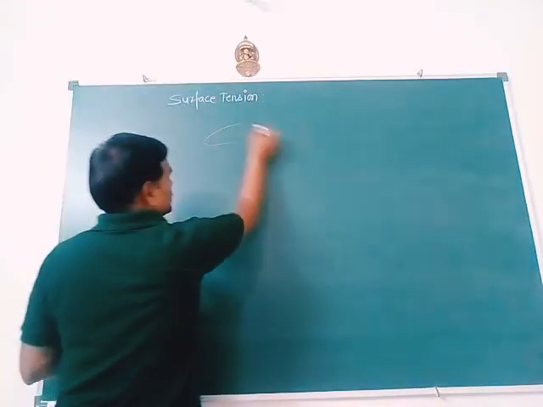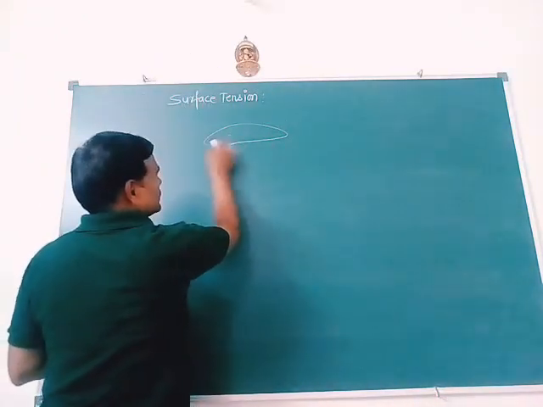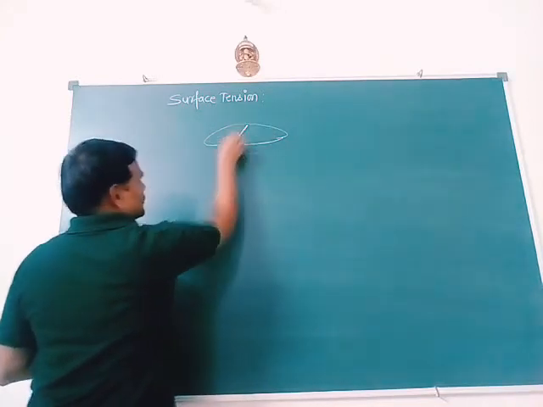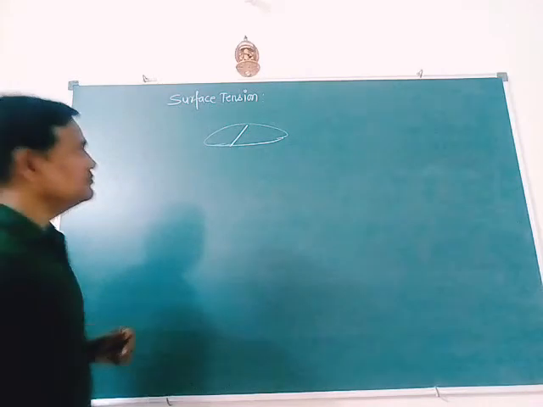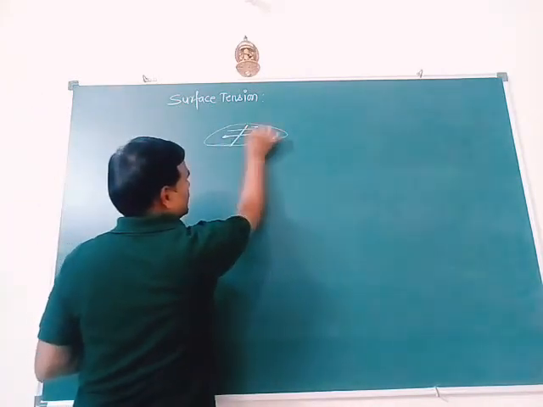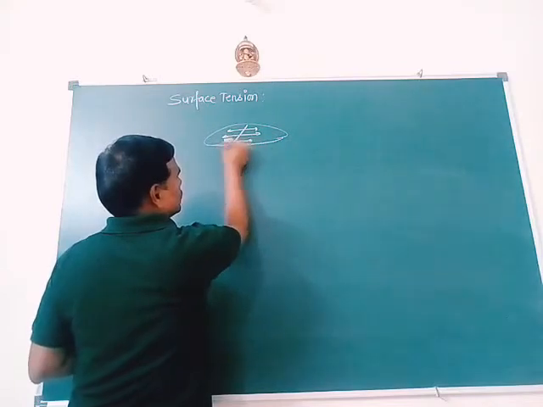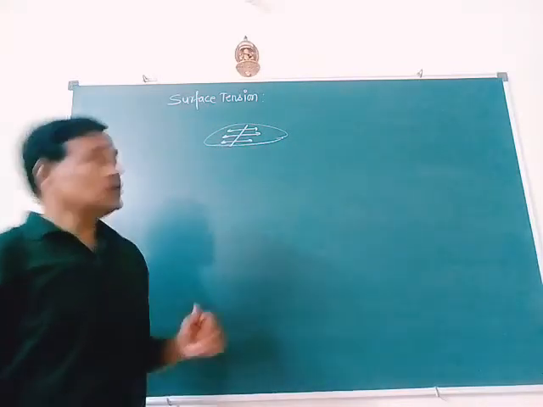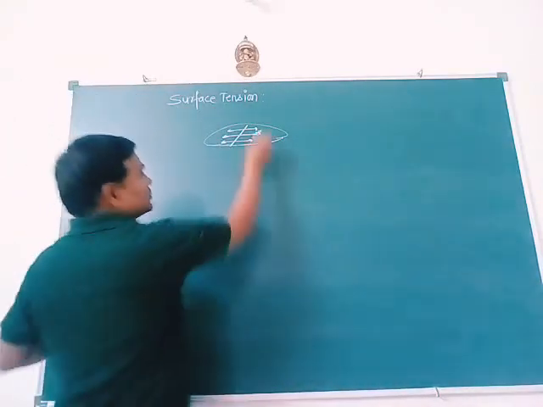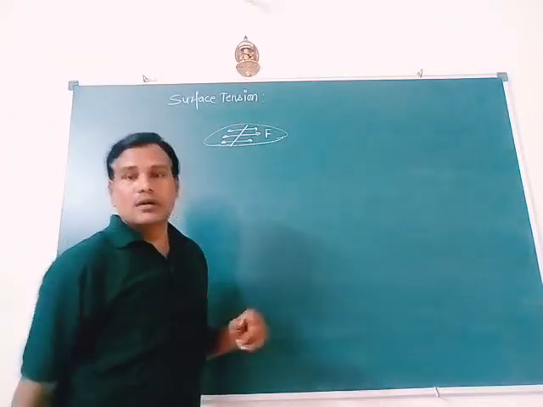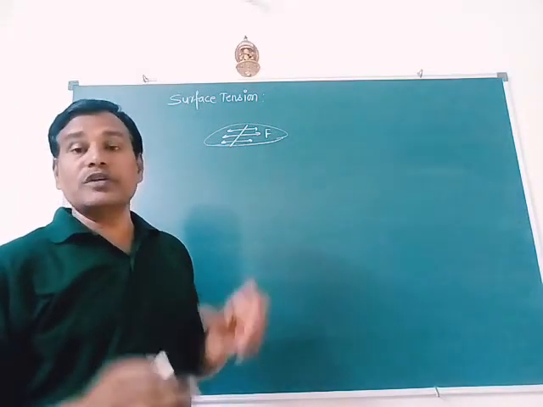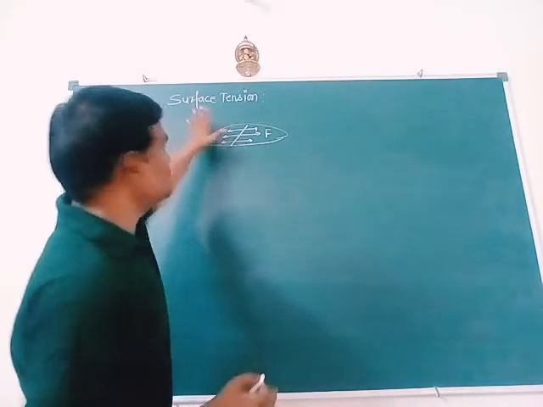Suppose this is the free surface of liquid. Here we draw an imaginary line. There is a force acting on this imaginary line in both directions, perpendicular to the imaginary line, and that force per unit length is called surface tension.